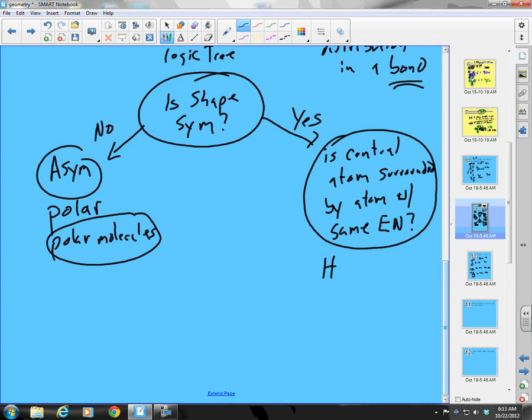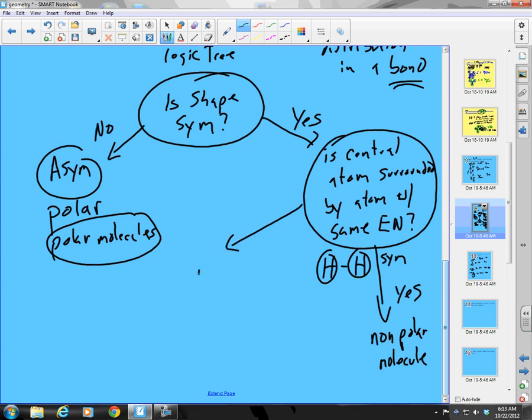So if we have something like HH, this is linear, so it is symmetric. I have the same atoms on both sides, so the answer is yes, and that would be a non-polar molecule, meaning I have an even distribution of electrons in the molecule. But let's say I have something like HCl.